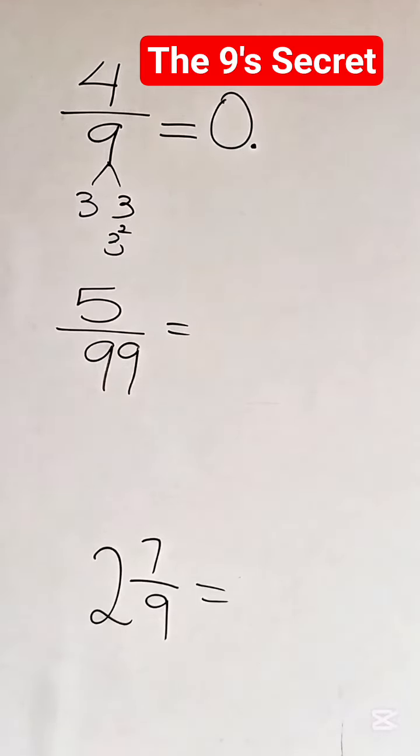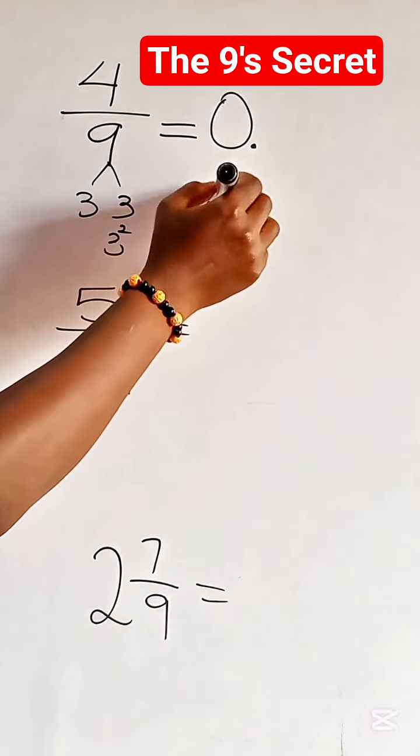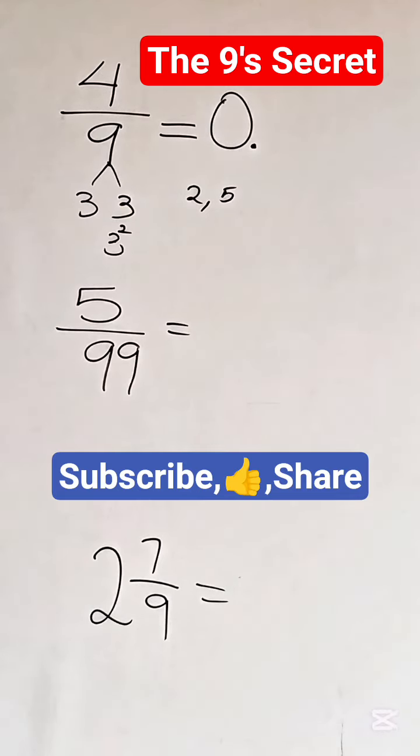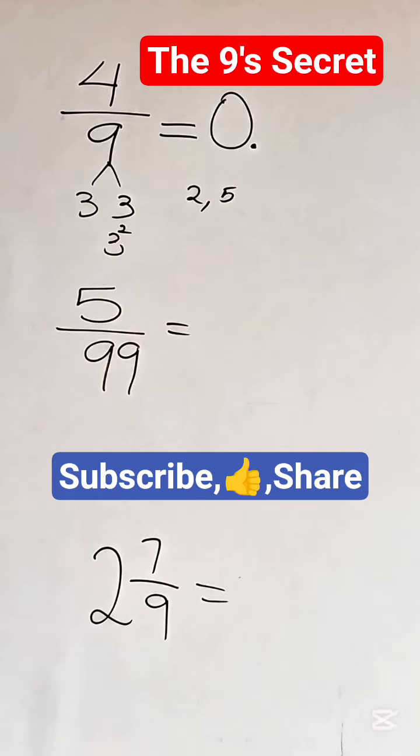But a terminating decimal is that fraction where the denominator is a power of 10, that is, its prime factors are just 2 and 5. So if you have a denominator of any fraction where the prime factors are other than 2 and 5, simply know that the value in its decimal form is going to be a recurring decimal.